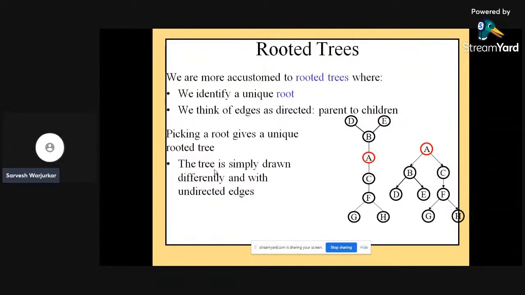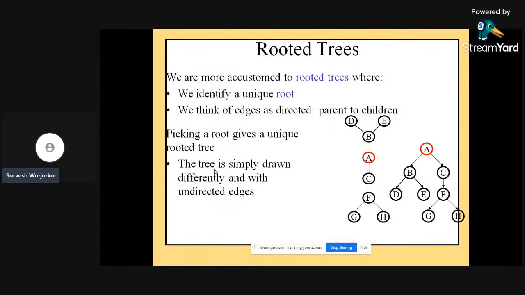We are mostly accustomed to rooted trees. When we studied trees in data structures, we used rooted trees where we identify the unique root and think of edges as directed from parent to children. Just now I have explained like this. So picking a root gives a unique rooted tree.